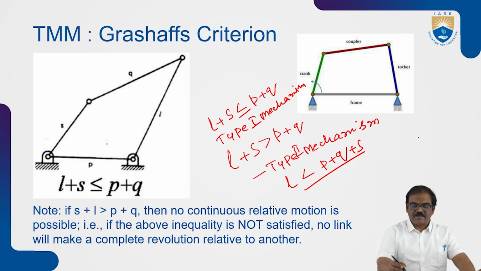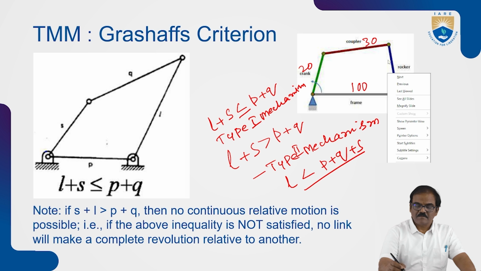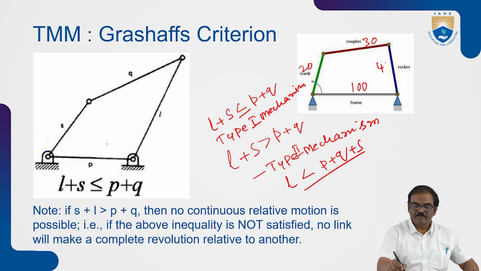Suppose you have the frame as 100, the crank as 20, and the other links as 30 and 40.